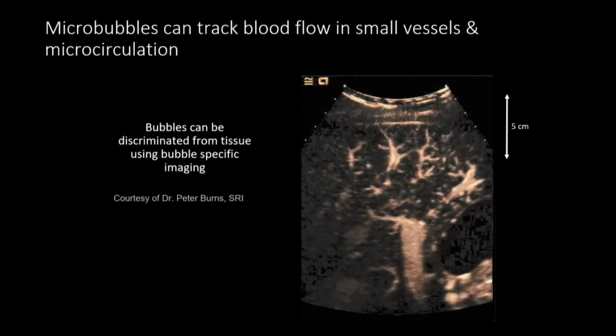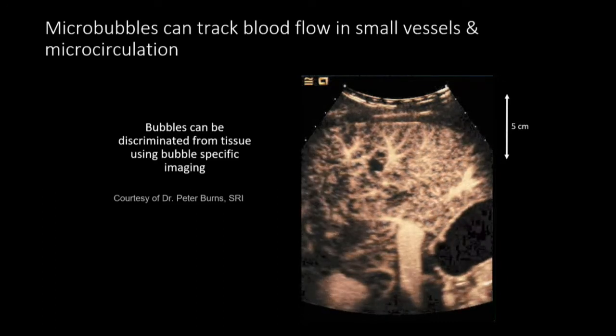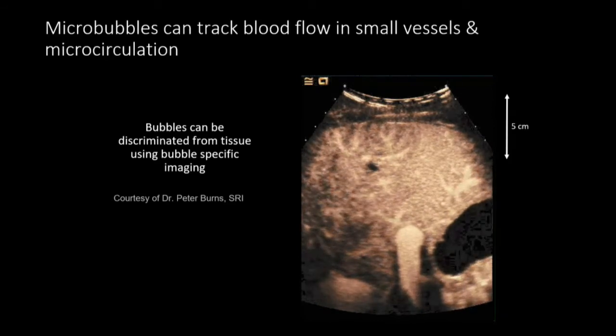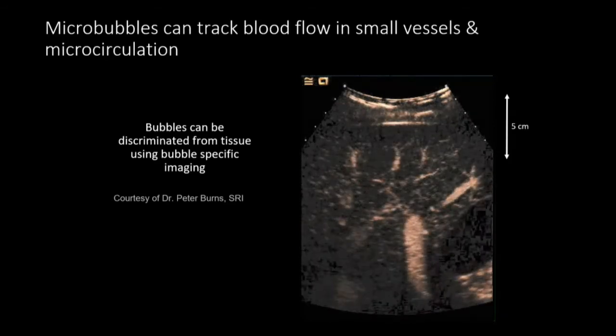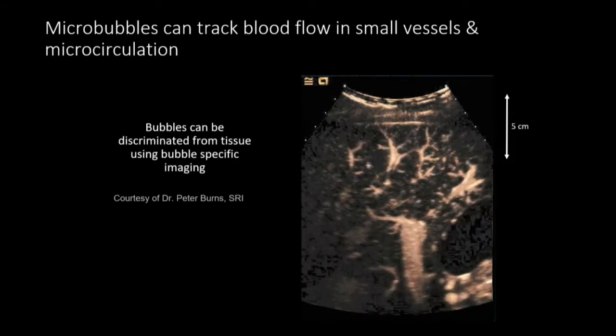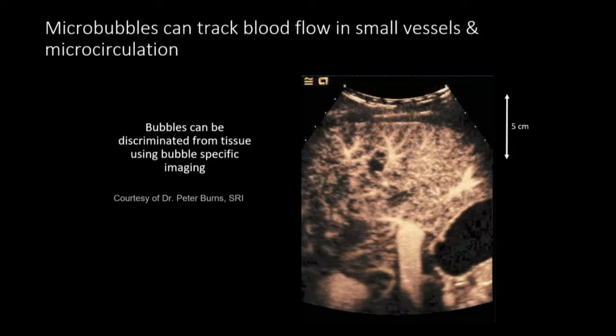There's a region here that's a mass that was pre-detected by the radiologist, and that area will fill differently. That difference in filling will tell the radiologist whether this is a benign or metastatic tumor. So that's how these bubbles are used.